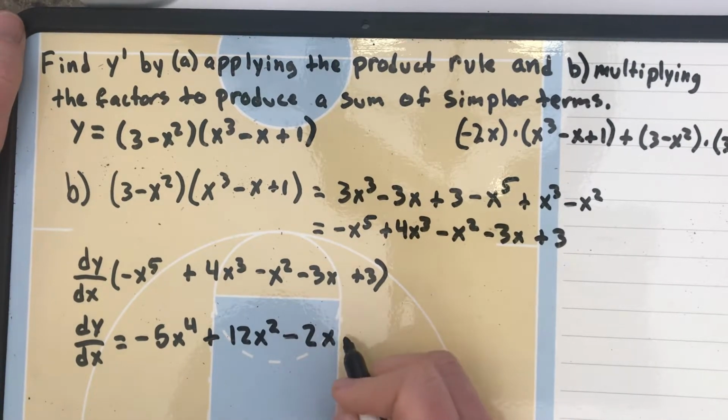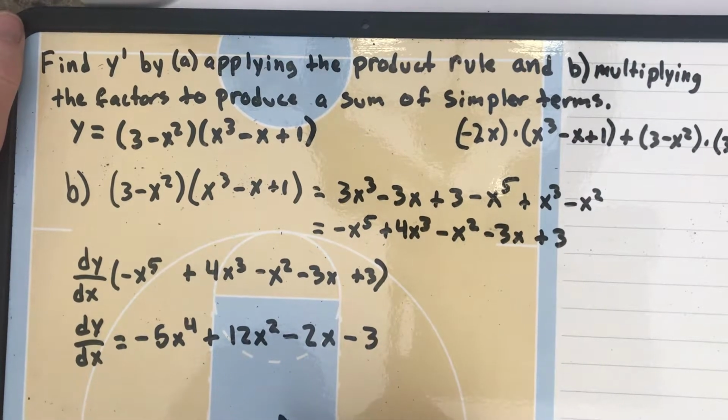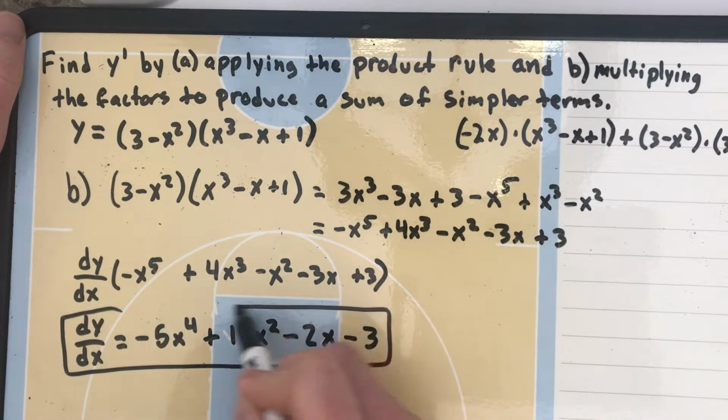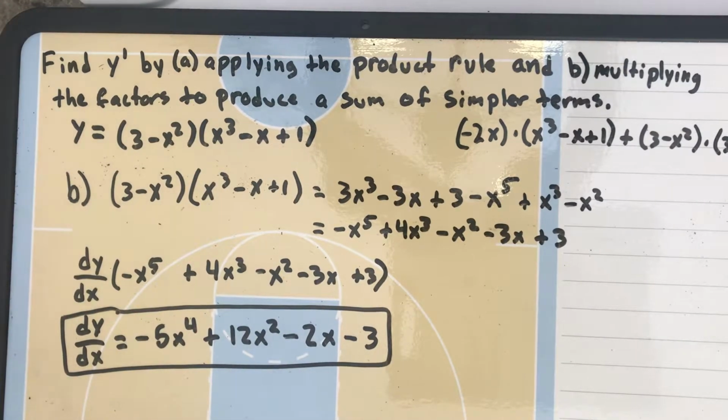Negative 3x is just going to be minus 3. And the derivative of 3 is 0, so I don't even have to write that. So this derivative here is negative 5x to the 4th plus 12x squared minus 2x minus 3.